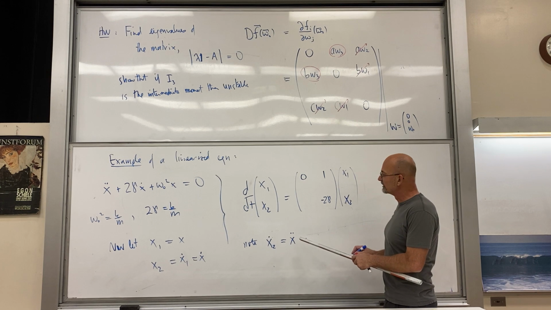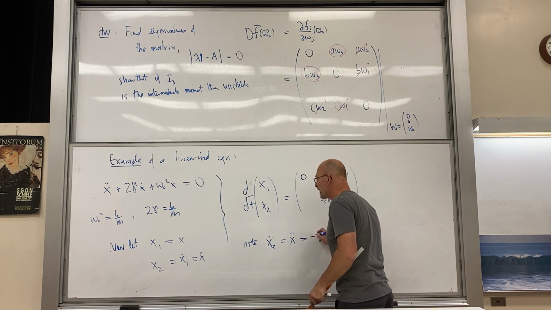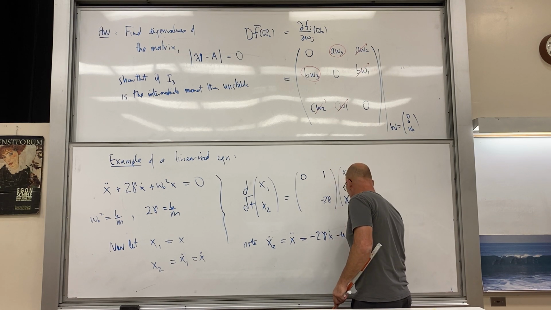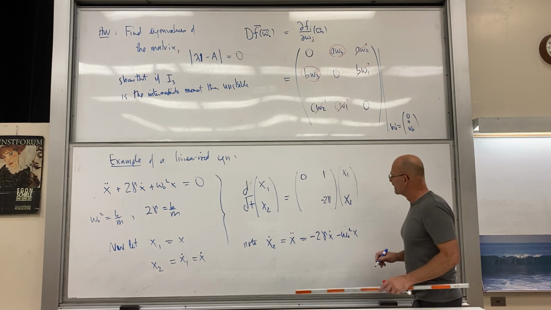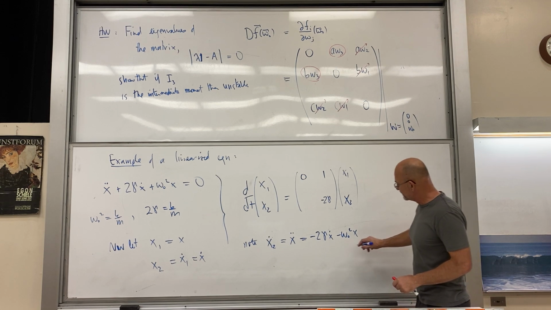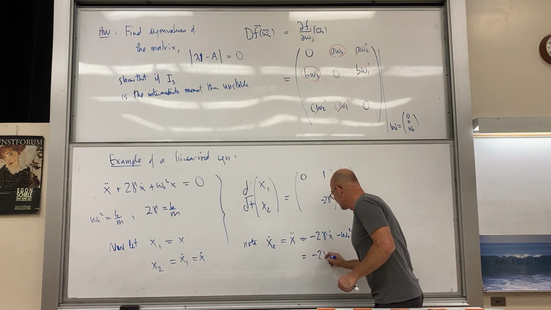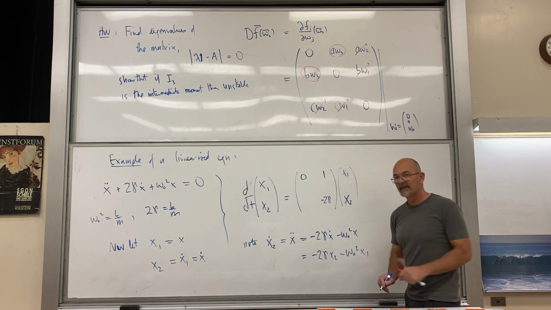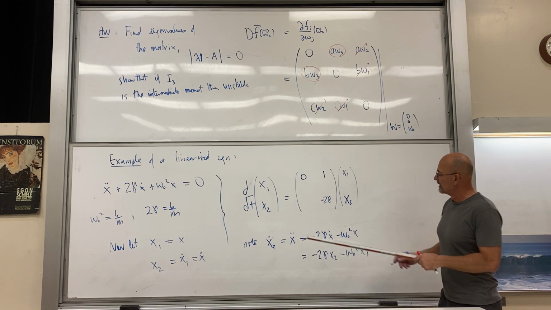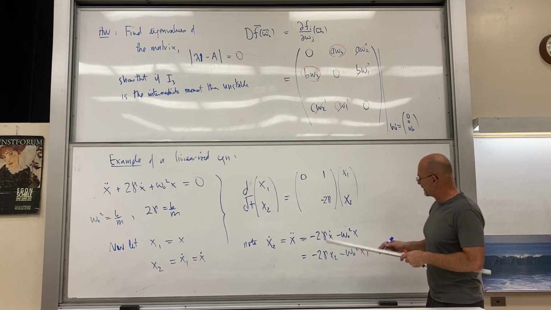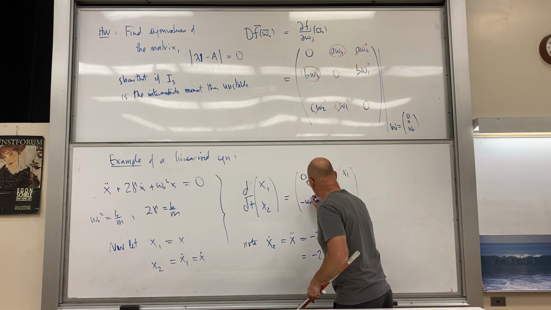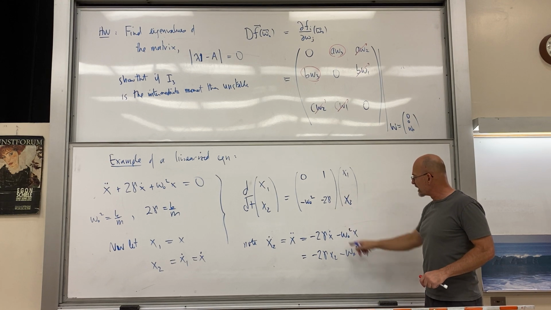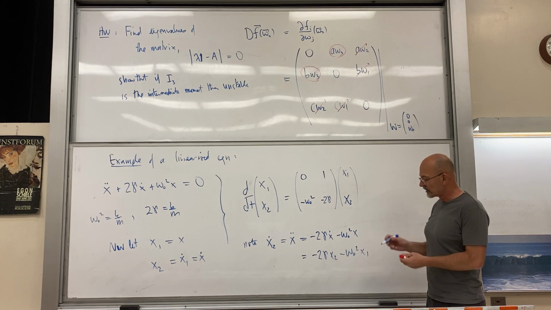Okay, that's what that means. And that's minus 2 gamma x dot minus omega naught squared x. So we got minus omega naught squared x1, okay, row not column, minus 2 gamma x2.